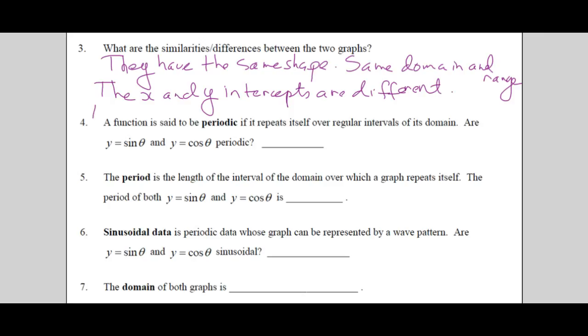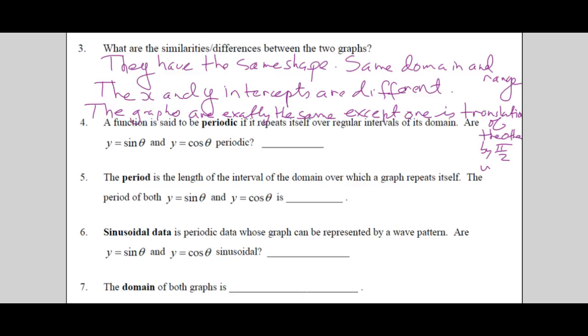Okay, so the graphs are exactly the same, right? They have the same values. You got that half, you got that root 2 over 2, you got that root 3 over 2. All the values are exactly the same. So the graphs are exactly the same, except one is a translation of the other by pi over 2 units.